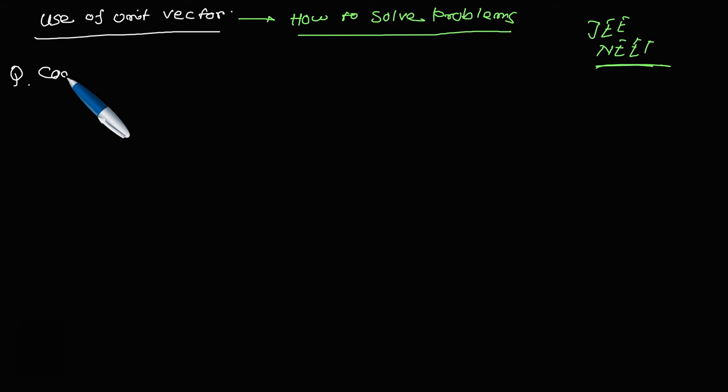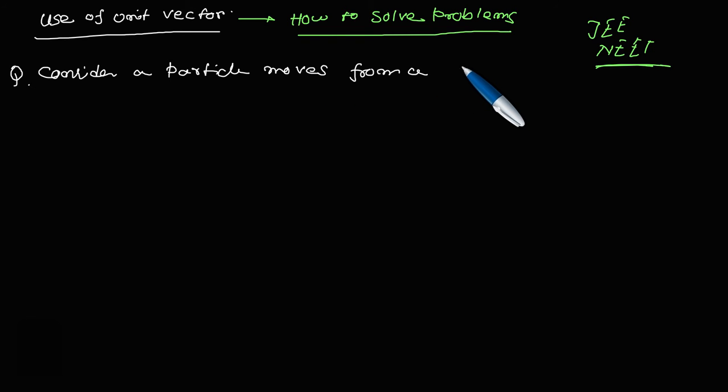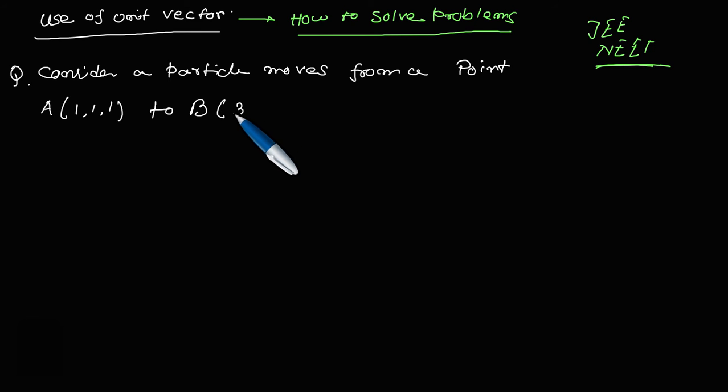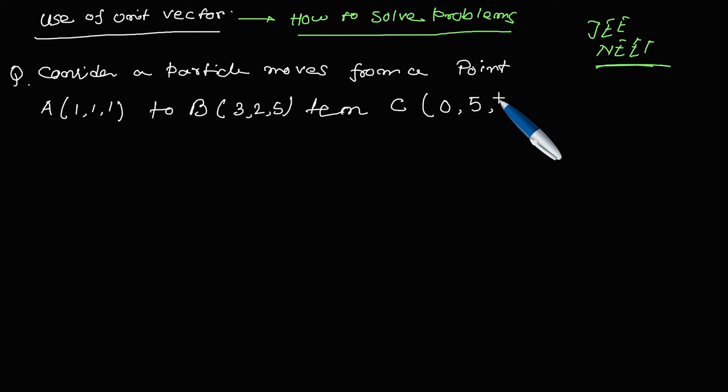Consider a particle that moves from a point A, I am giving you the coordinates 1, 1, 1, to point B, which has coordinates 3, 2, 5, and then to our final destination C, which has coordinates 0, 5 and 7.